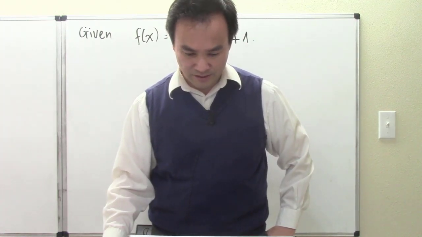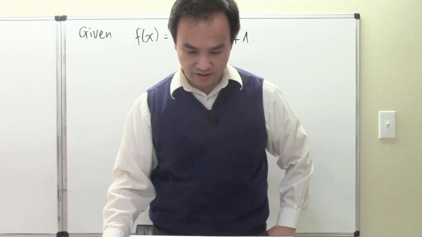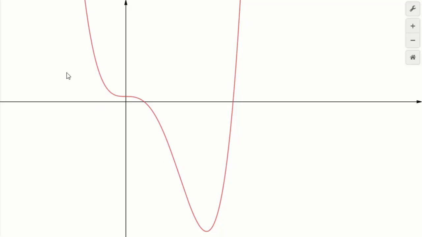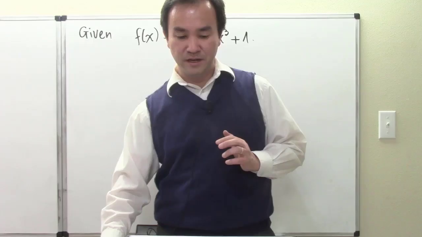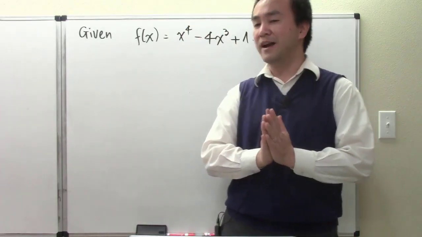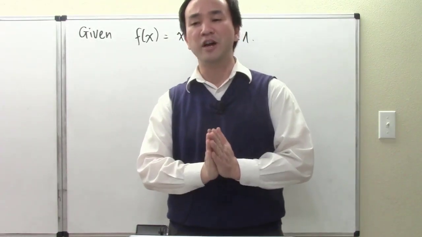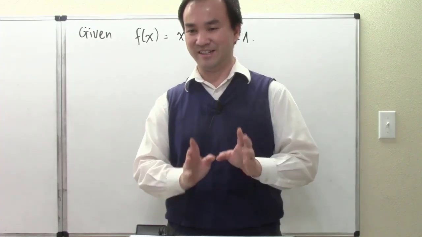All right, my screen is now ready, so let's have a look. This is our graph for x to the fourth minus 4x cubed plus 1, just as I wrote on the board. Even though I'm showing the graph here, I have to admit the whole point of this method is to be able to solve without relying too much on the graph. That's the good thing about this method.